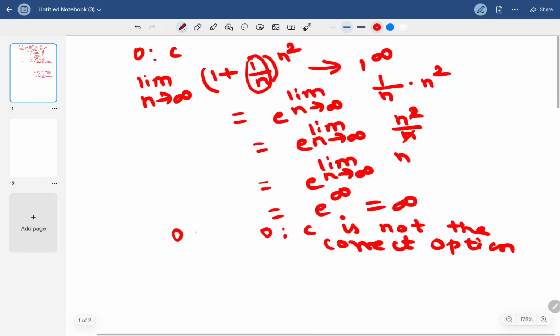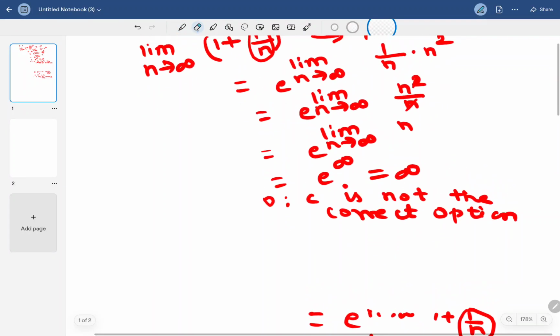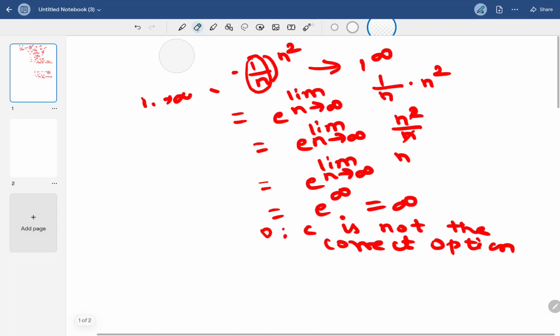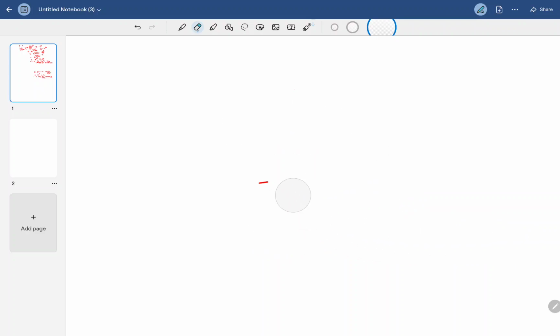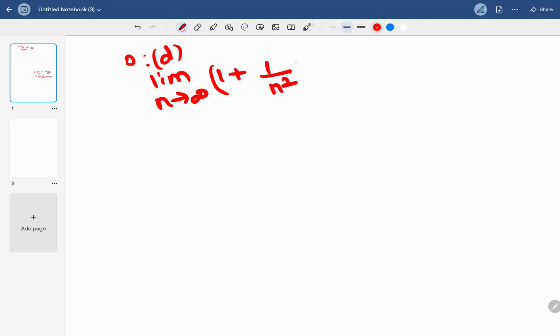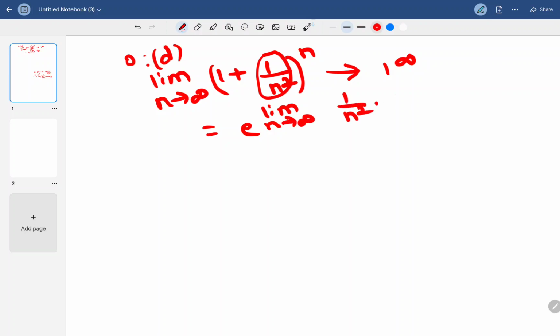Similarly, I am going for option D. Limit n tends to infinity of (1 plus 1 by n square) power n. Again, 1 by n square tends to 0 as n tends to infinity. Again, it is of the form 1 power infinity. I am going to use the same result. e power limit n tends to infinity of 1 by n square into n.